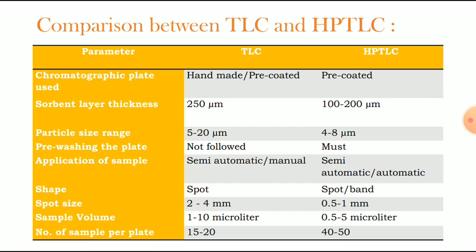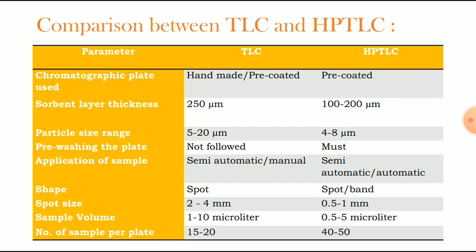Now the second parameter is the sorbent layer thickness. That means on the TLC plate we are using the sorbent layer as the stationary phase. That thickness is 250 micrometer in TLC and 100 to 200 micrometer in HPTLC.